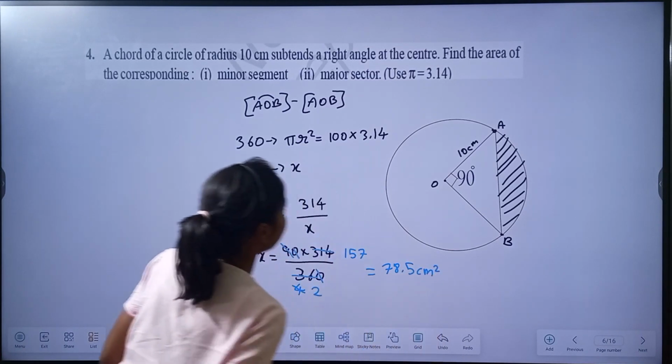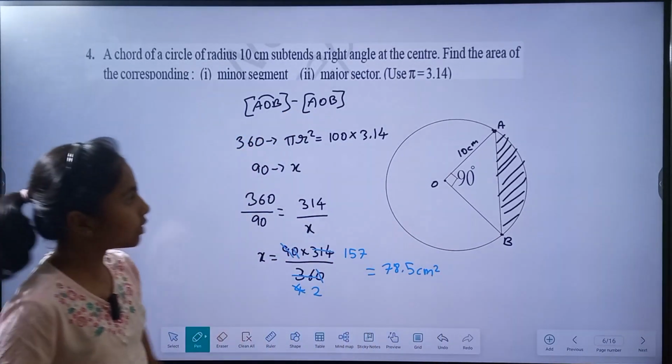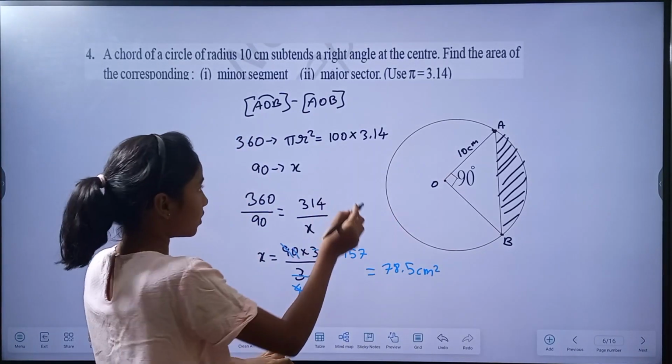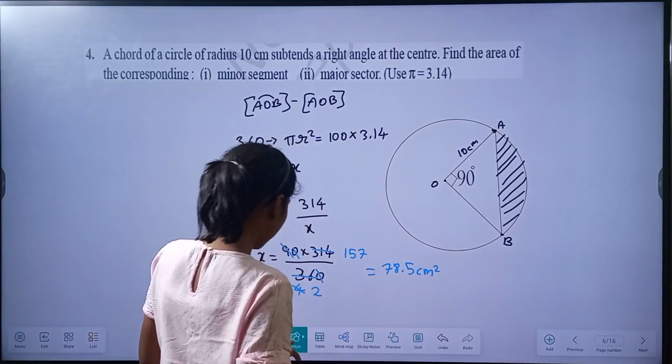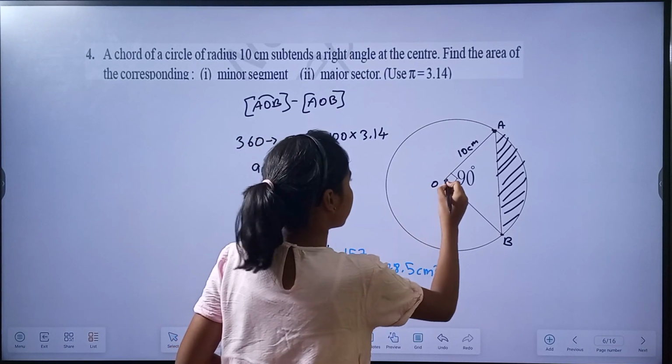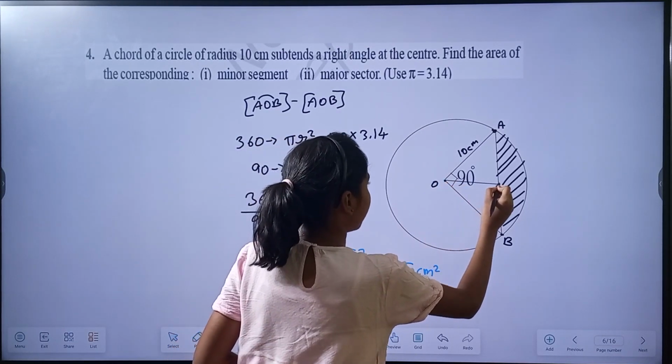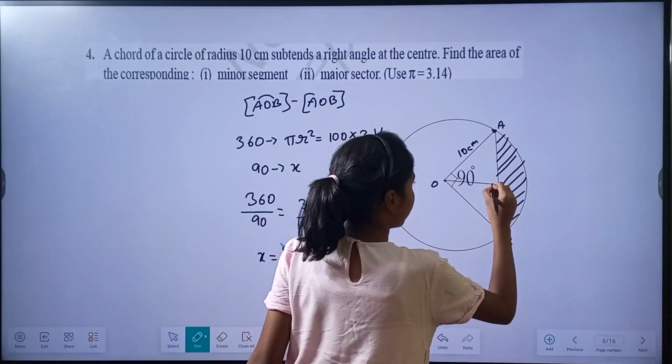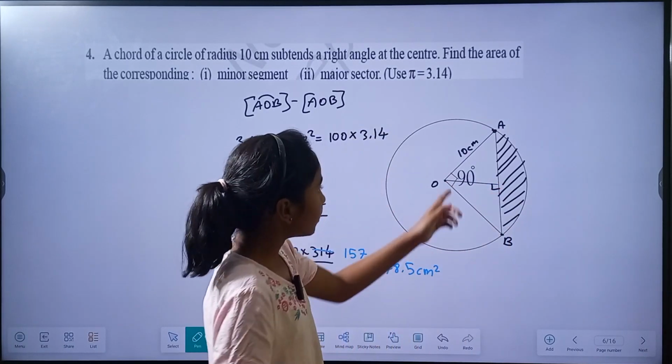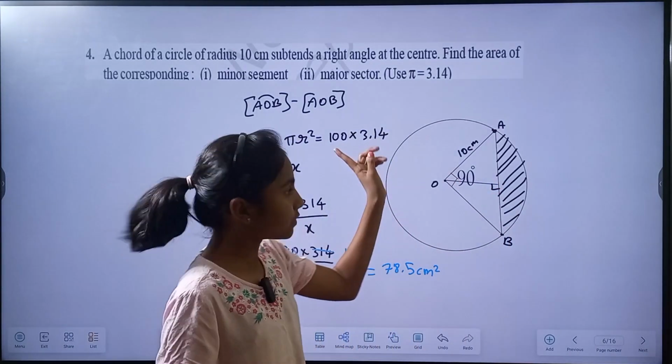Now the triangle AOB. Let us draw the altitude from O to AB, so this angle is 90.